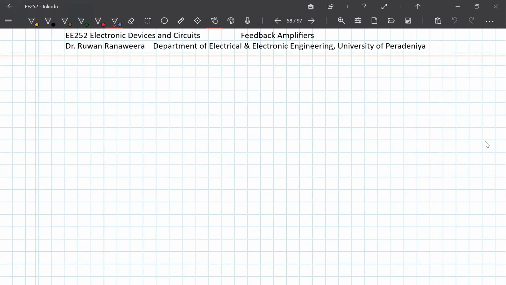So I'll give you some examples of feedback circuits, for each of these different types. The first type we have already seen: series shunt, voltage series feedback.